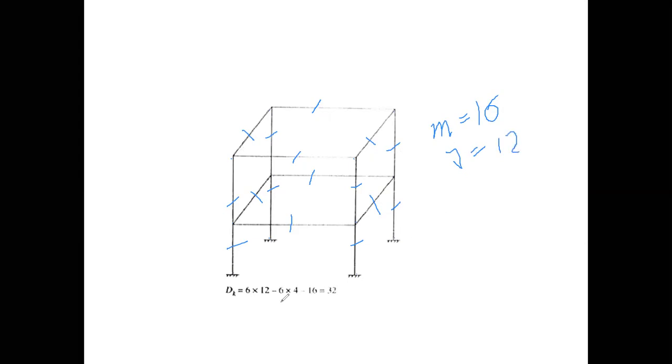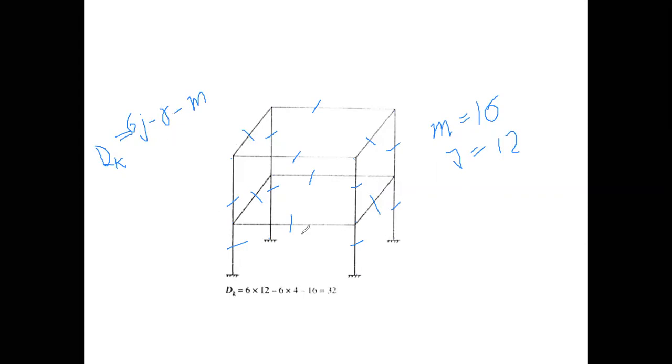The equation is simple. We know it. Let me write it down again. It is 6j minus r minus m. This is the degree of kinematic indeterminacy. So 6 multiplied by the number of joints, that is 12, minus r, the number of reactions, in this case internal reactions.